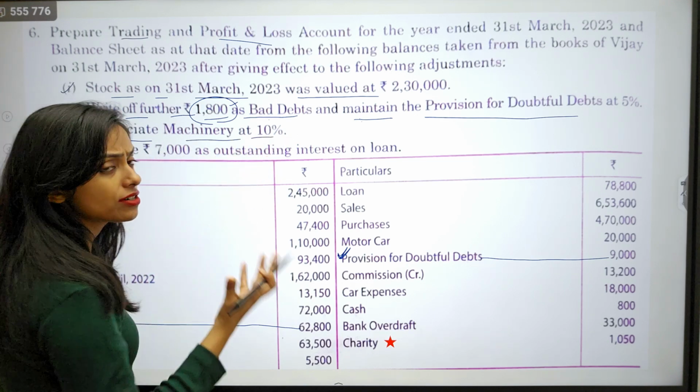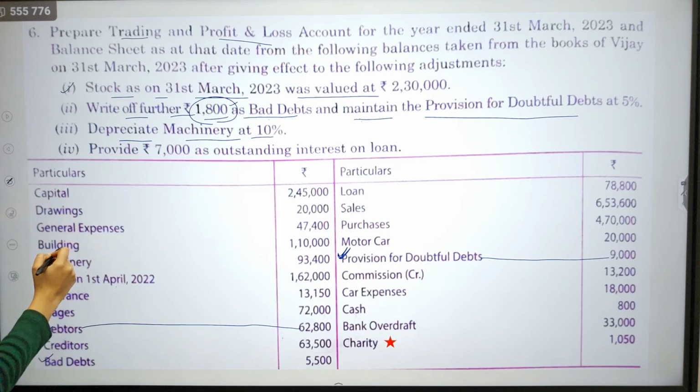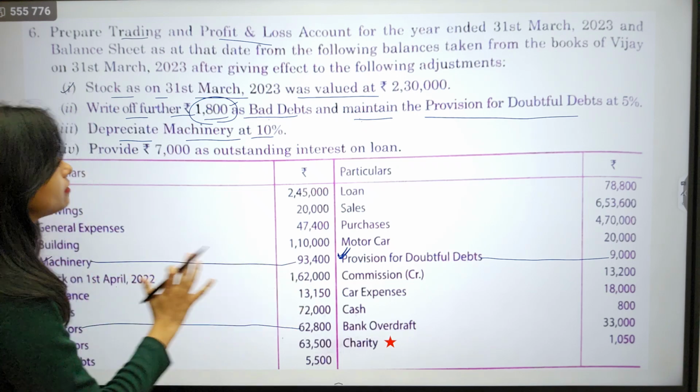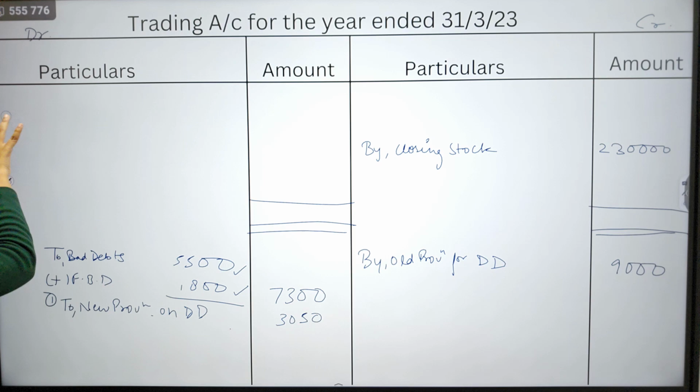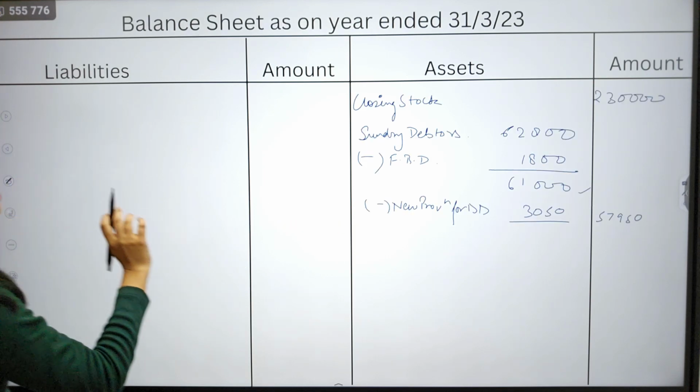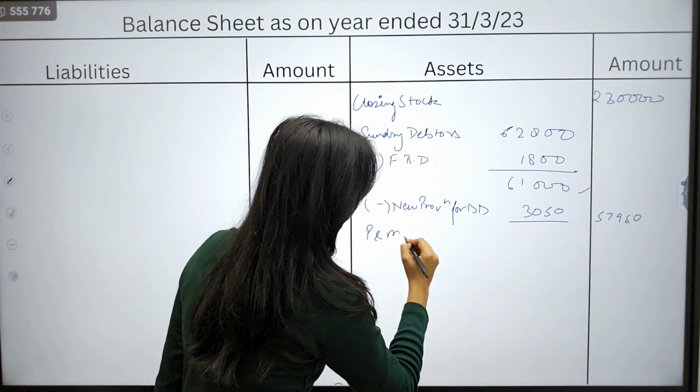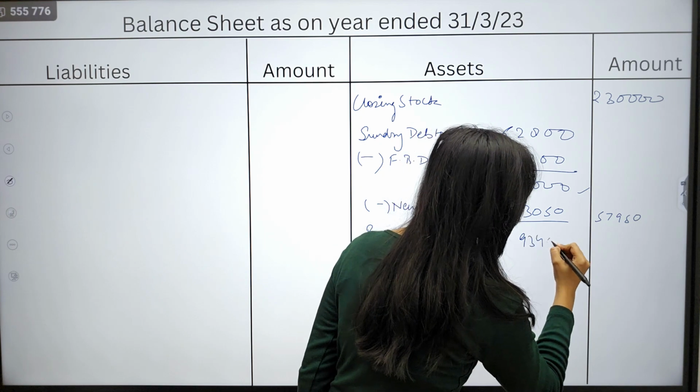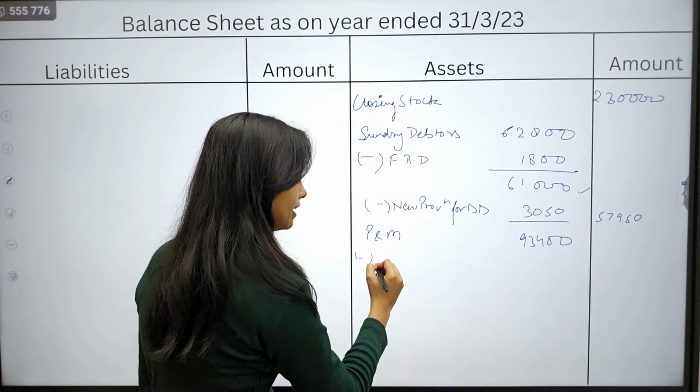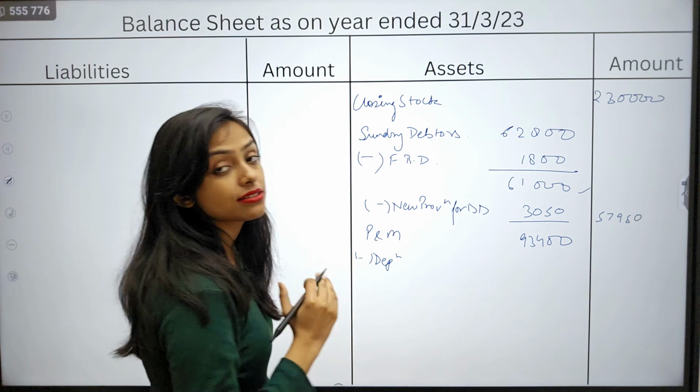Depreciate machinery at 10%. This is so simple. How much machinery do we have? 93,400 rupees. So 93,400 is my plant and machinery. We are going to provide depreciation on it. 10% has been told.